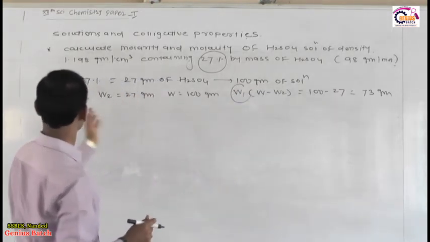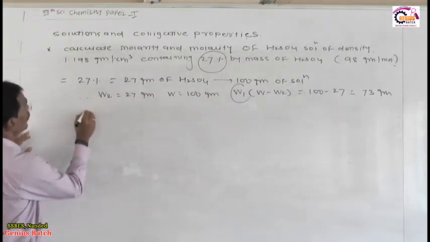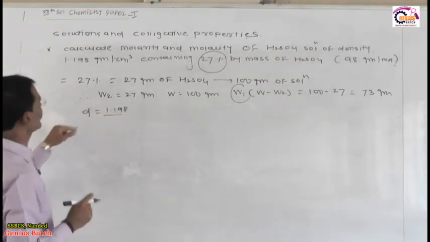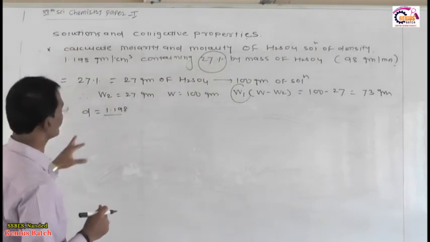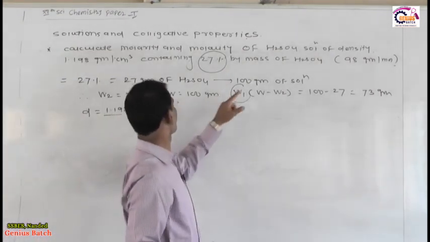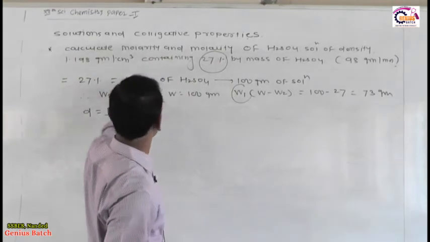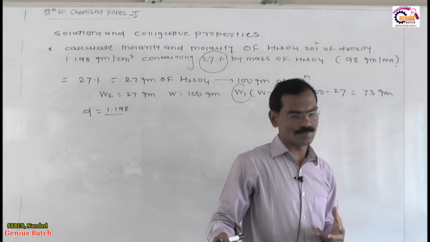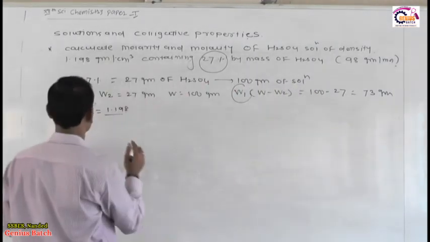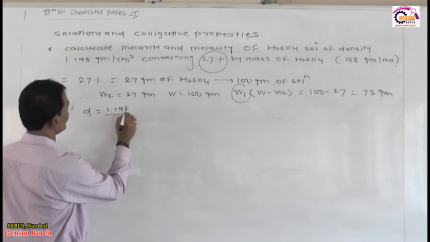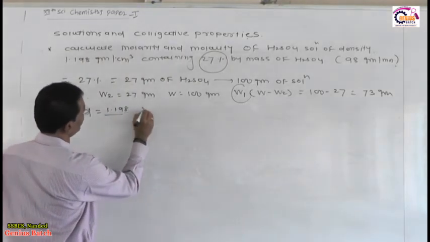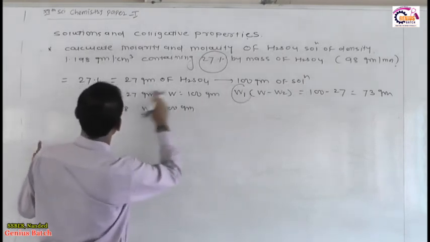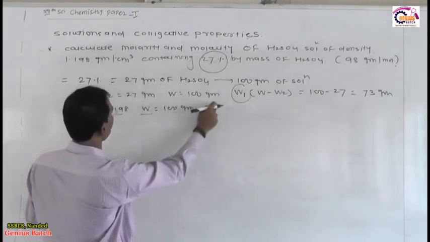Once we know mass, now they are given density, 1.198. On the basis of density, we calculate the volume of solution. Obviously the mass of solution W is 100 gram, since 27 gram of sulfuric acid means W is 100 gram.